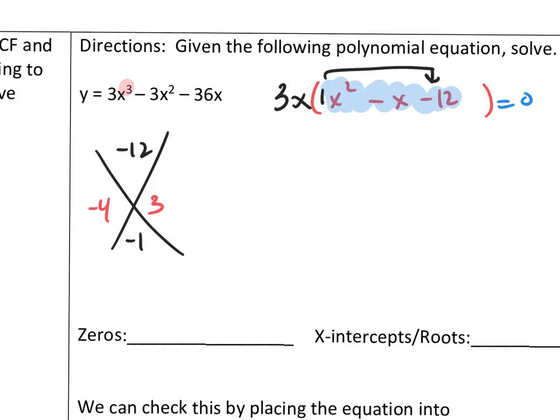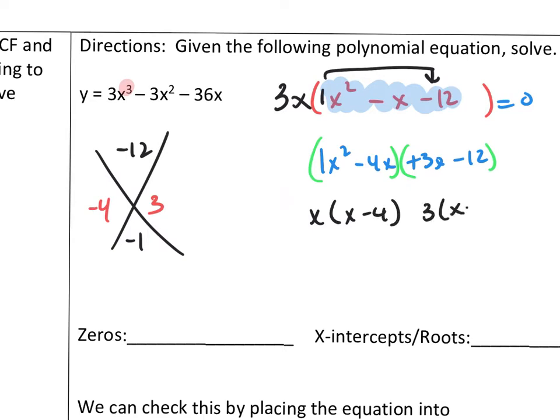So setting this up from here, I want to go 1x squared minus 4x plus 3x minus 12. Group and group. Pull out an x in the first one to leave you x minus 4. Pull out a 3 on the second one to leave you x minus 4.